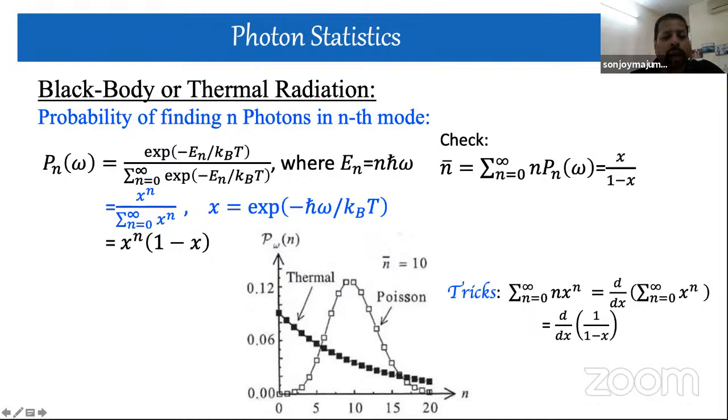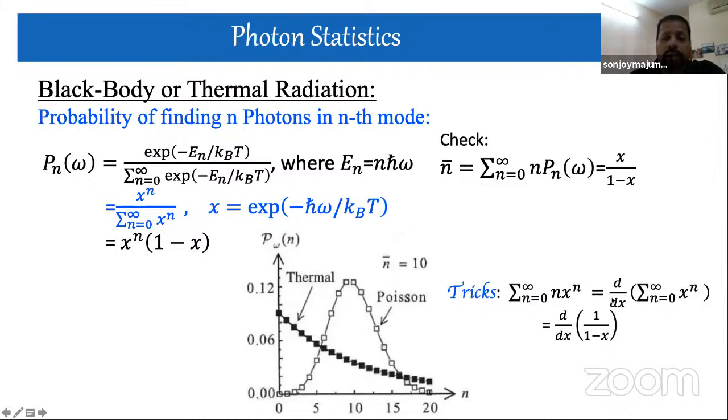Small tricks are applied here, which you can look up in the books. If you write the summation of n x to the n, x is nothing but this one, and P_n is x to the n times 1 minus x. From the summation you can take out the 1 minus x, and what will be left is the summation of x to the n, which is written here.